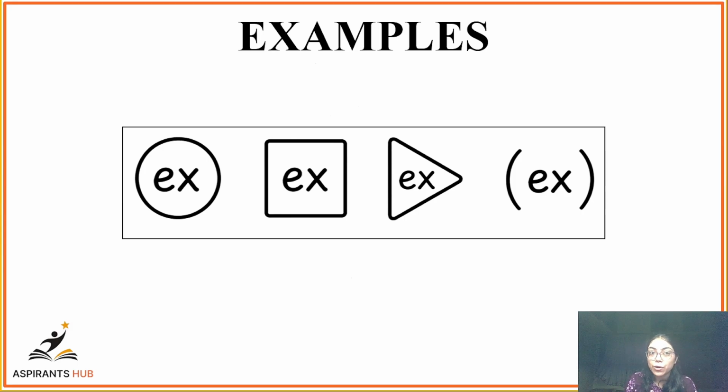Then while talking about examples, you can write the word example in a circle, in a box, or in a triangle like this. If you see Shruti Sharma ma'am's answer copy, AIR 1, I think 2021, she used to draw a triangle wherever she wanted to state examples. You can put them in round brackets as well.